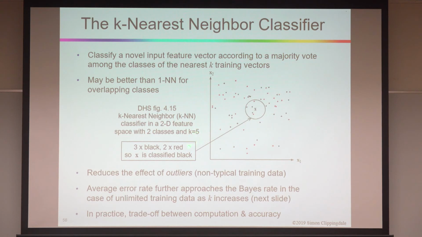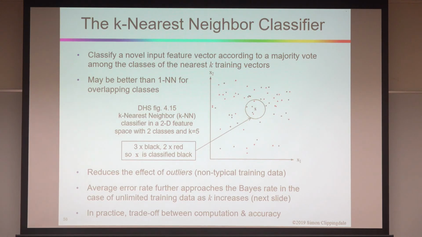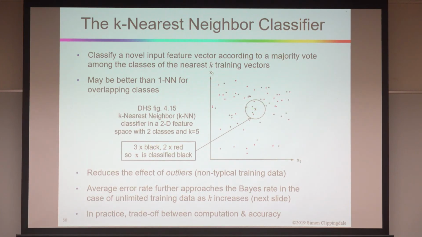In that circle, it's difficult to see with these tiny points, but 3 of those training vectors are black and 2 are red. So black wins the majority, and x is classified as black.